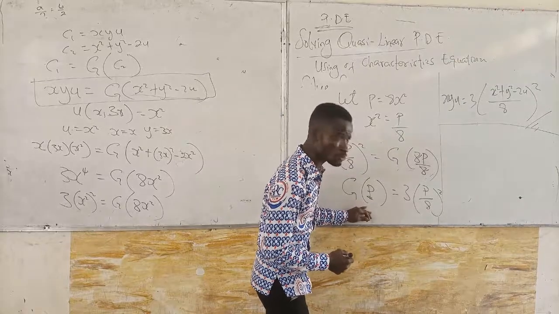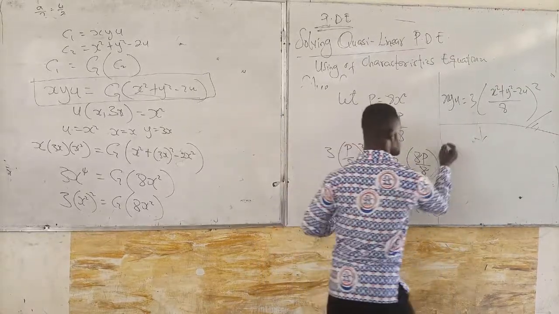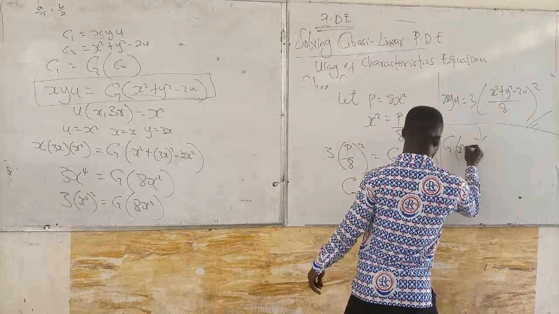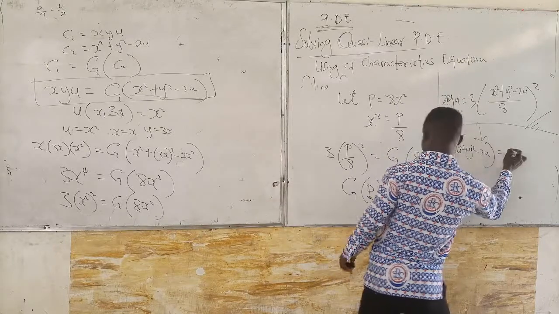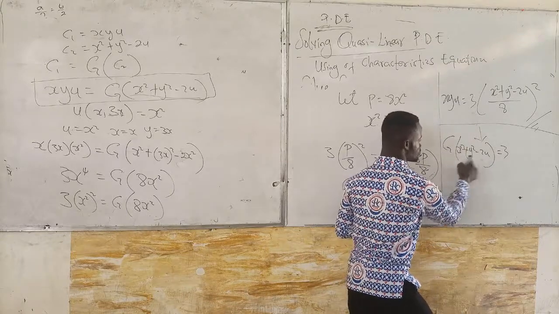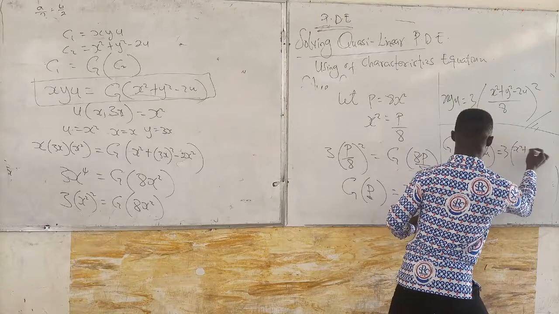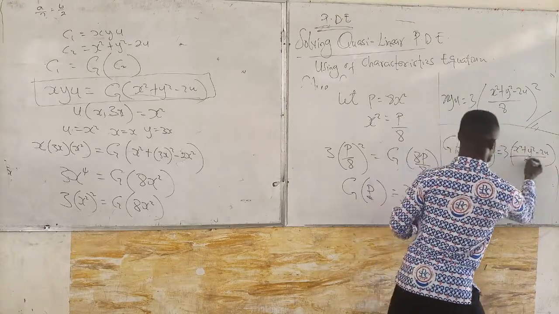You can try to do substitution here before you even come to this. Watch. What is p? This is a composite function: x squared plus y squared minus 2u is equal to 3. So this means that wherever you see p, put 1 there. x squared plus what? y squared minus 2u, all this over 8.